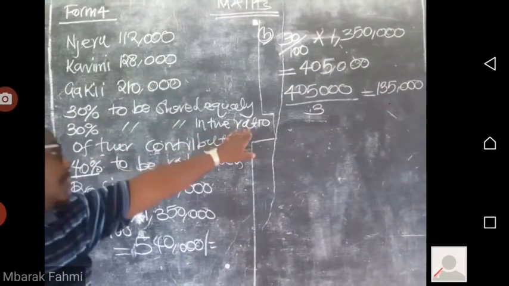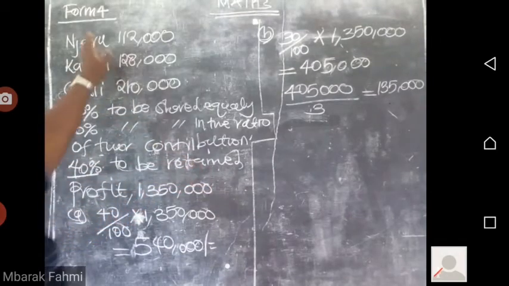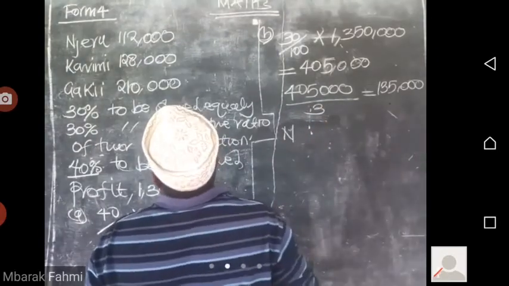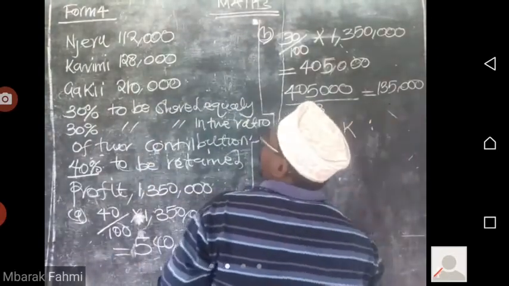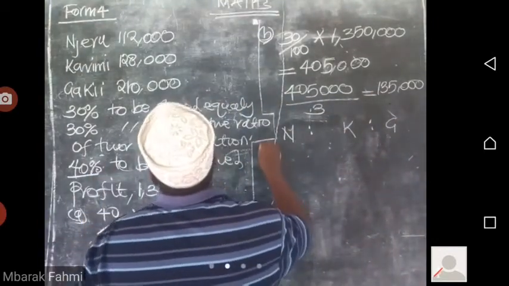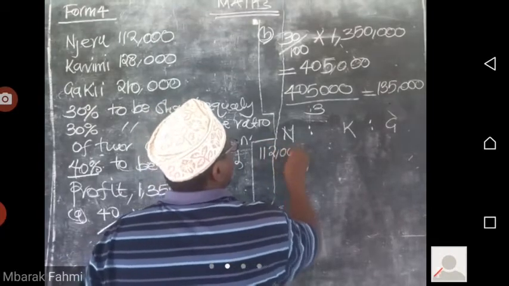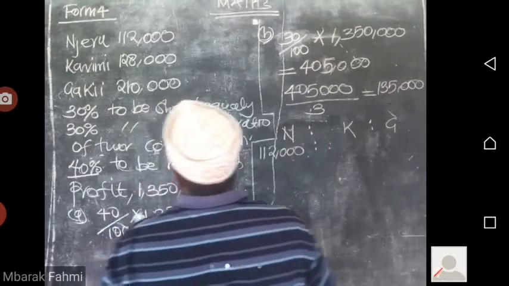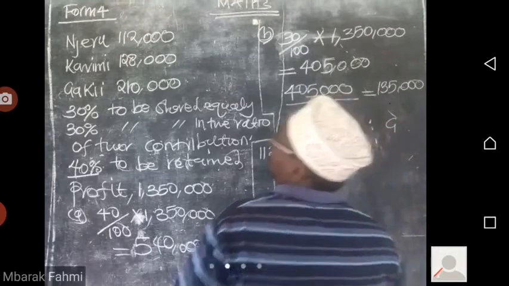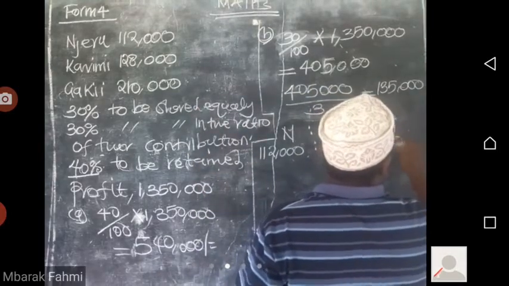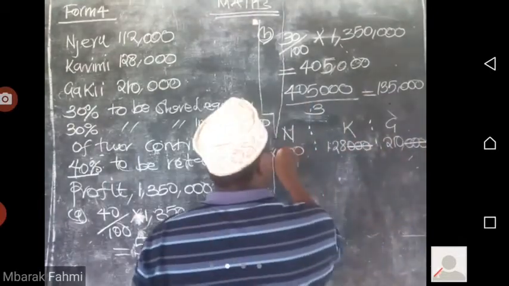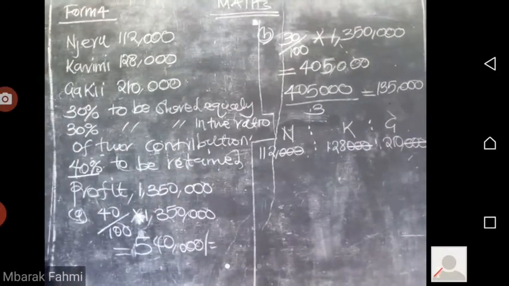So the ratio of Njeru, which is 112,000, to Karimi, which is 128,000, to Gaki, which is 210,000. Okay, so 1,000 can be cancelled.